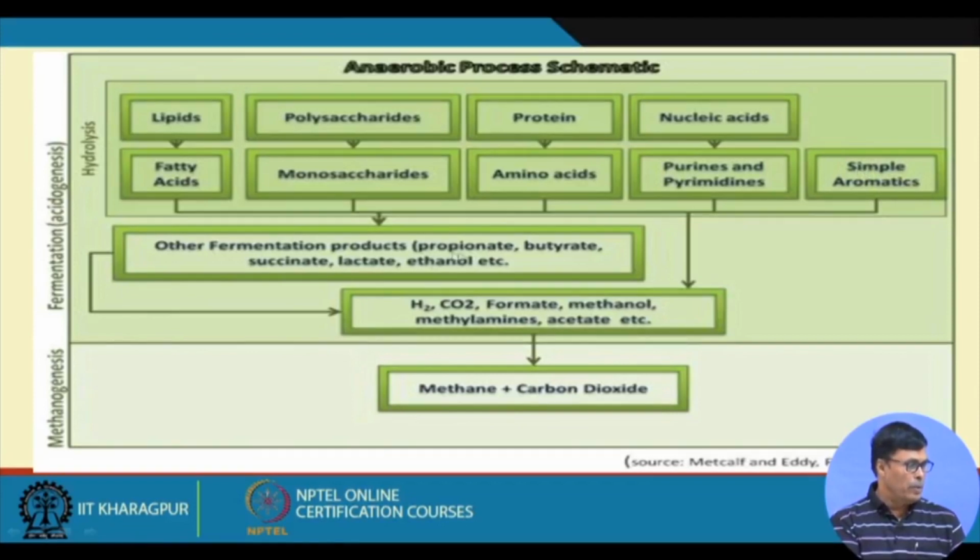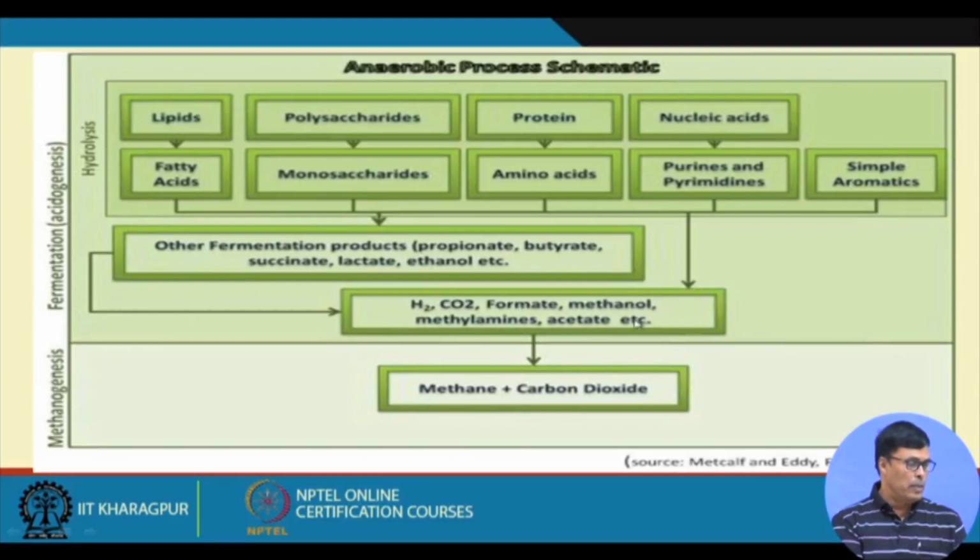And these are again converted to volatile fatty acids like propionic, butyric, and lactic acid, and also ethanol and acetic acid. But these are higher acids. This passes through the acidogenic process and converts to acetate and higher organic acids like butyrate and propionate.